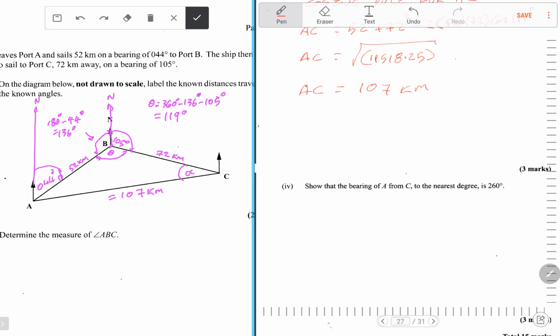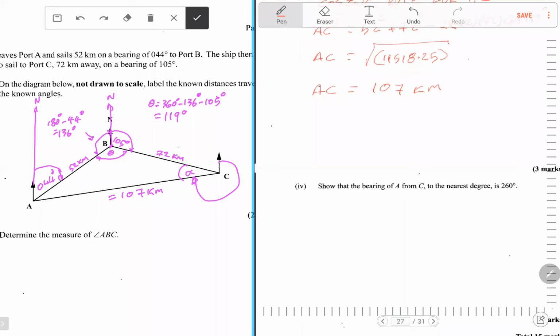The bearing of A from C is the angle when you're at position C, facing north, turn to the right to face A. That's the angle that I want.